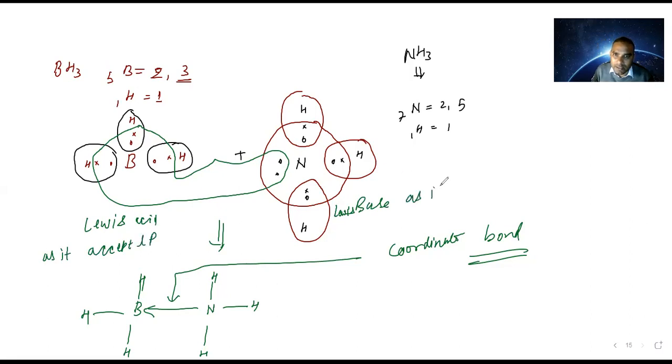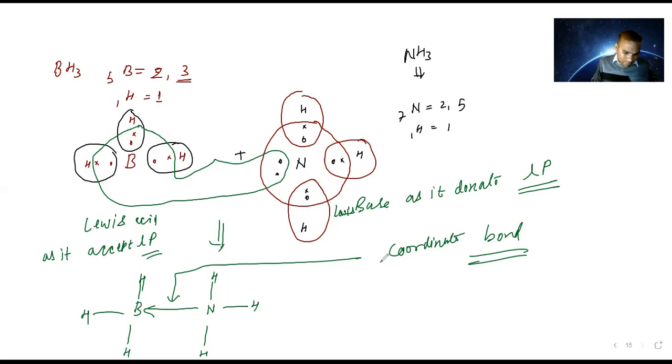Lewis base donates a lone pair. Yes or no? Can you make a note of it, please? Okay, I made a note of it.